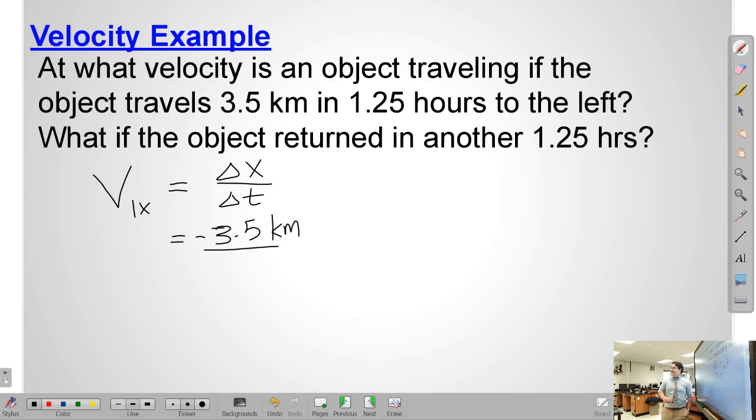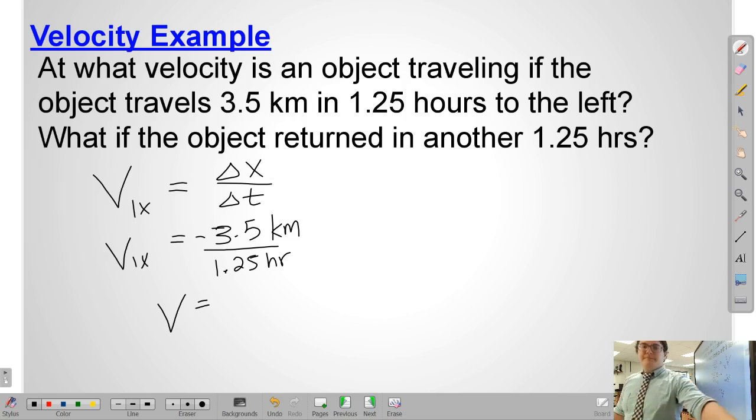All right, what's your time interval? 1.25 hours. So my initial velocity, or my first velocity in the x direction, what's negative 3.5 divided by 1.25? Let's go calculate. 2.8.